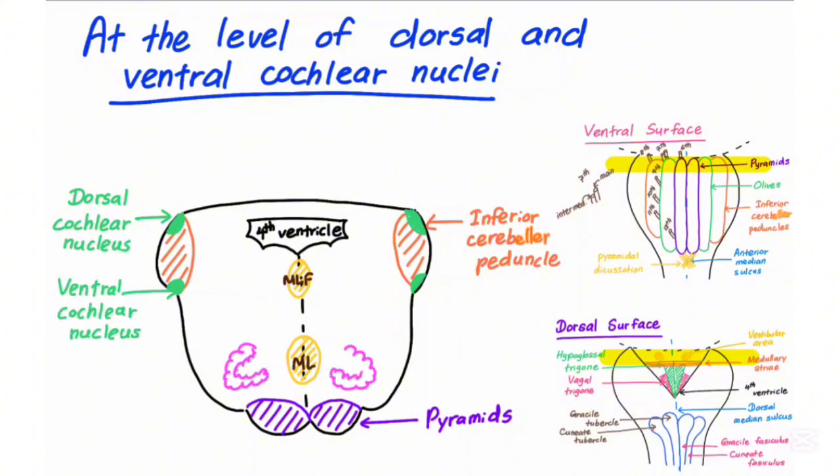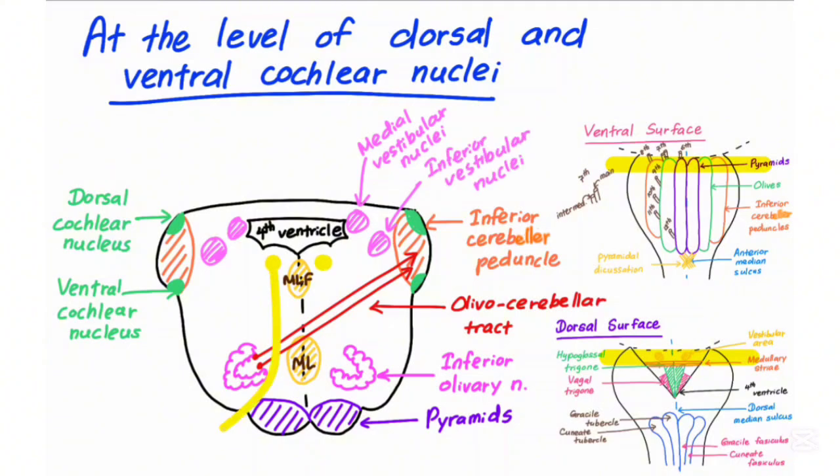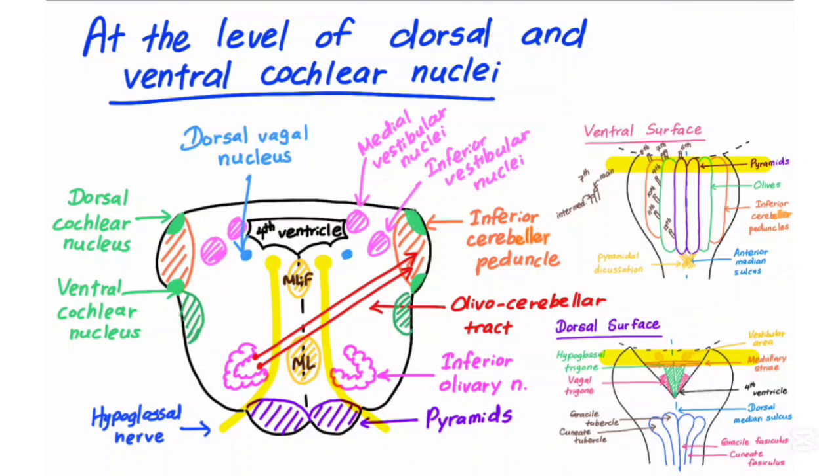Here also we can see the inferior olivary nucleus. These are olivocerebellar tract. In addition, we can see medial vestibular nuclei and the inferior vestibular nuclei. Here also we can see the hypoglossal nerve and dorsal vagal nucleus. Apart from them, this is anterior spinocerebellar tract.